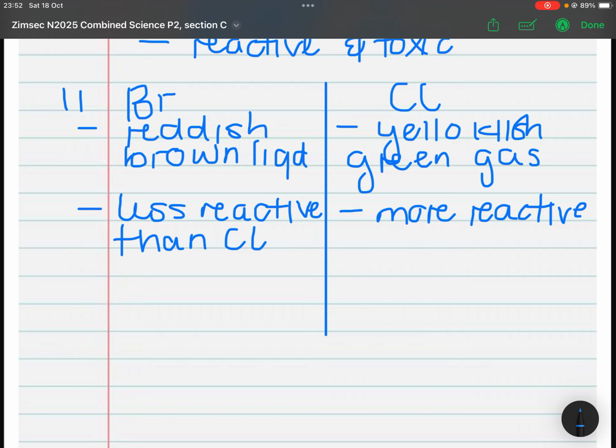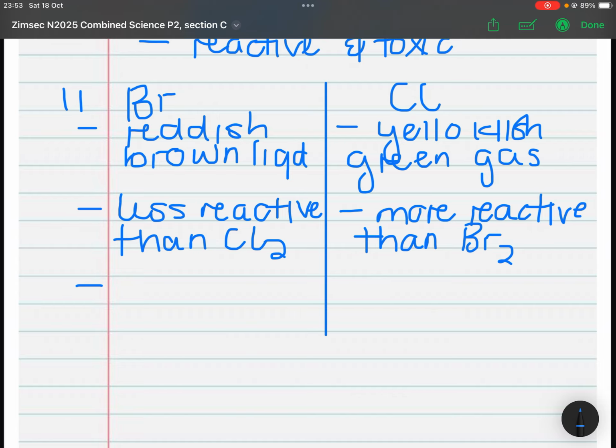This is one of the differences between the two. And then another difference between the two, here we need to talk about the oxidizing ability. Bromine is a weaker oxidizing agent than chlorine, whilst chlorine is a stronger oxidizing agent than bromine. Why? Because the reactivity decreases as we move down the group, right?